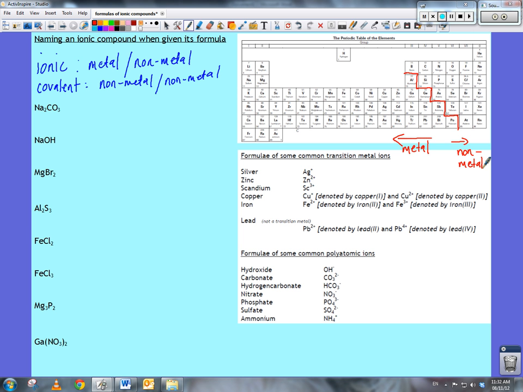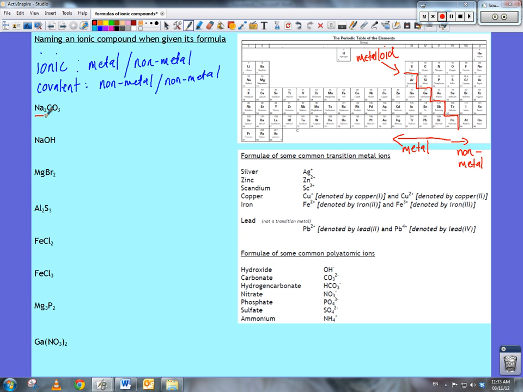And there are a few on the border line which we call metalloid. But we don't need to worry about those for the time being. So, that can help us because if we know whether the compound is made of metal or non-metal, we can figure out whether it's ionic or not. So if we just go down our list of compounds and see if these contain metals or not.